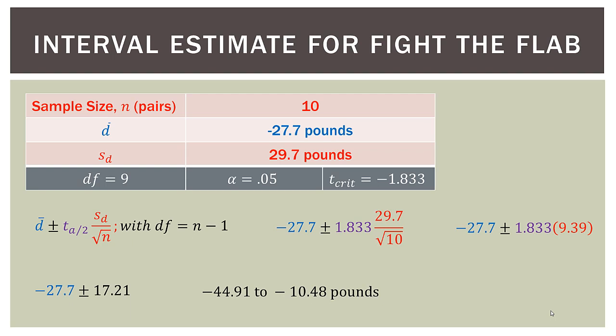That's our 95% confidence interval for the mean of the differences. Now what we ask ourselves: does this interval contain 0? Well, no, it doesn't. So this interval does not contain a mean of the differences that is 0. And again, that gives credence to us rejecting our null hypothesis.